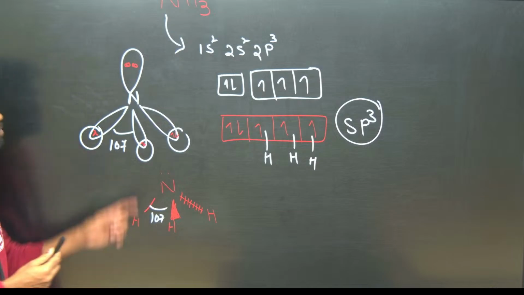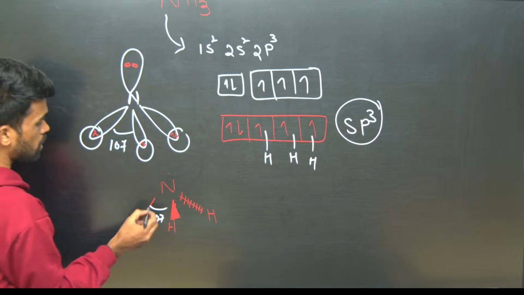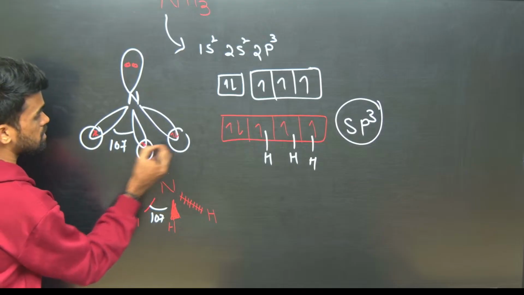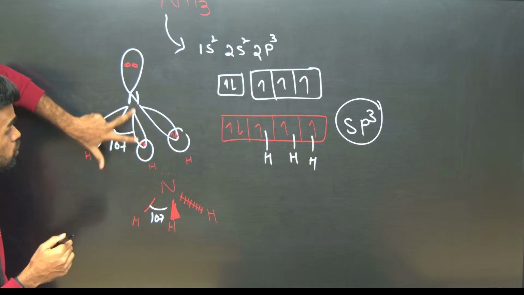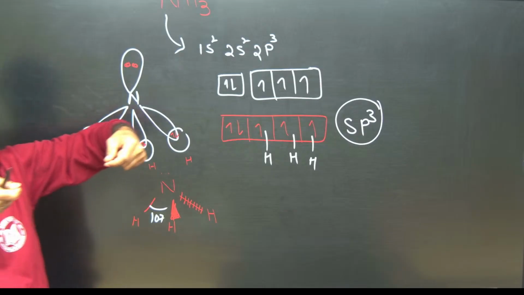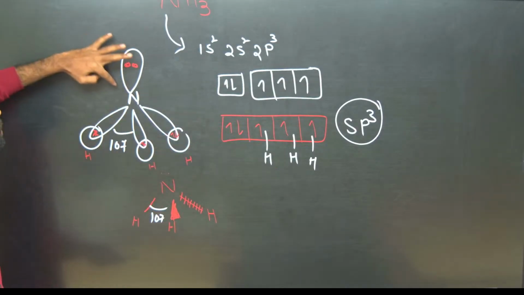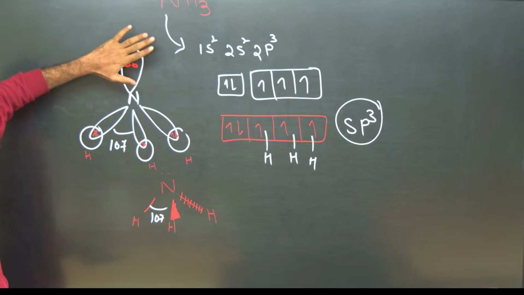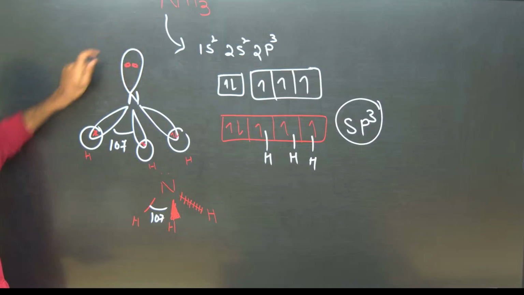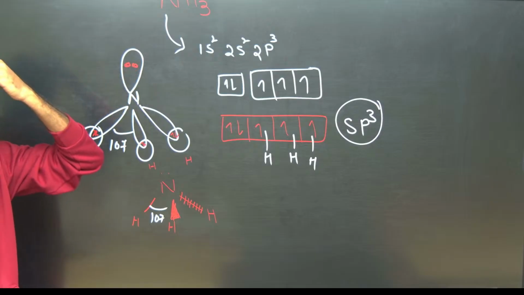107, because of the presence of lone pairs. In bond formation, bonding electrons are shared between the two nuclei, and the two nuclei drag them towards themselves. But in this case the electrons are sitting only on the nitrogen atom, so they have more repulsions whenever like charge comes near them.